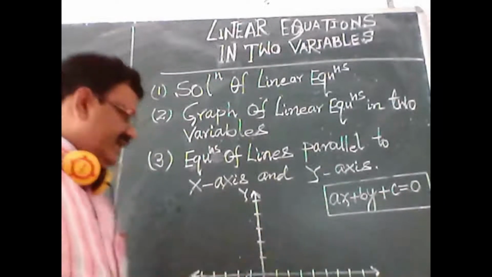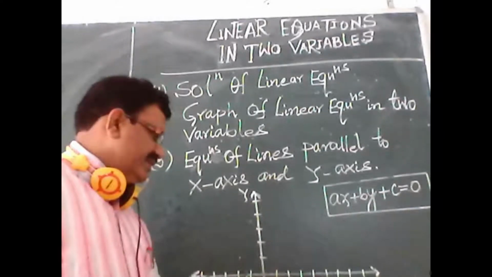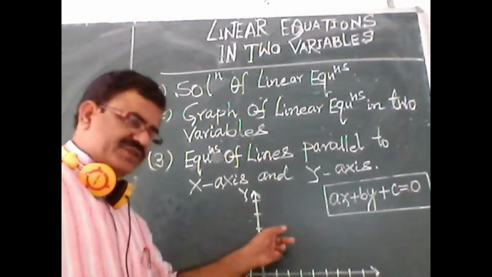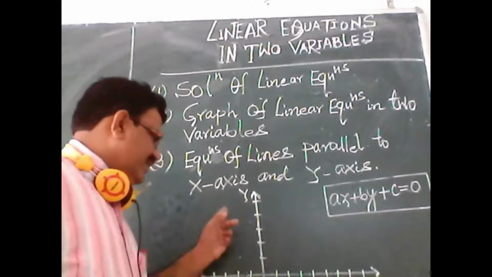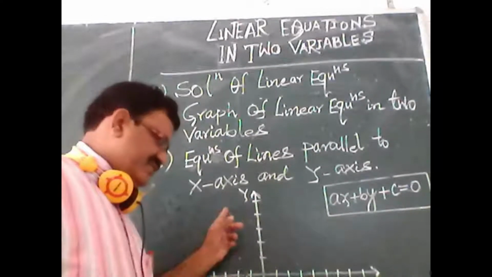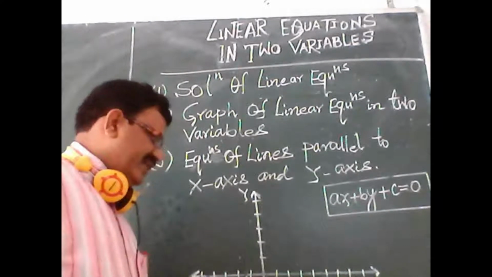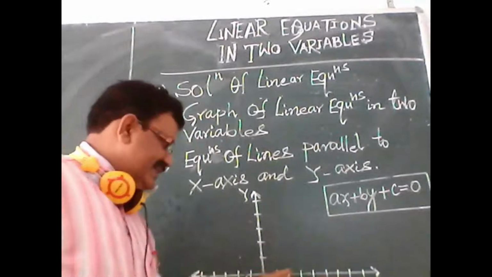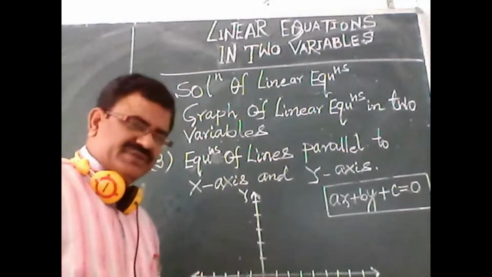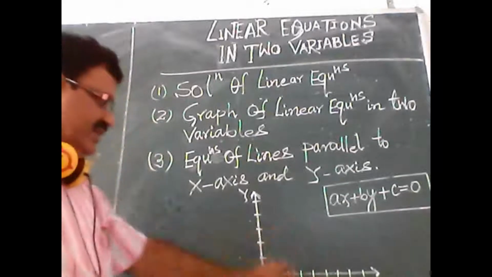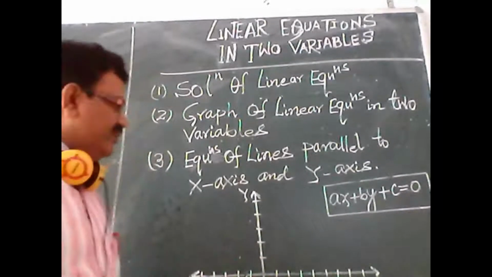In quadrant 1, x is positive and y is also positive. In the second quadrant, x is negative, y is positive. In the third quadrant, x is negative, y is also negative, and in the fourth quadrant, x is positive and y is negative. So I wanted to revise this once again, though I think it is already clear to you.